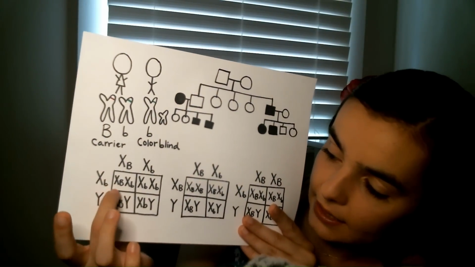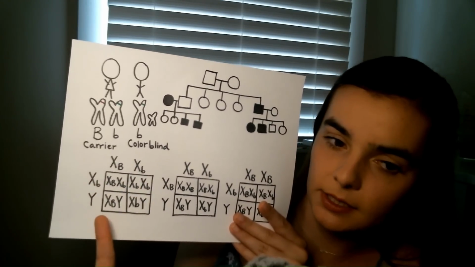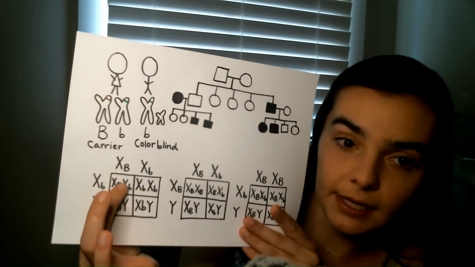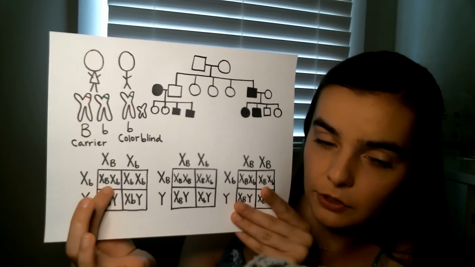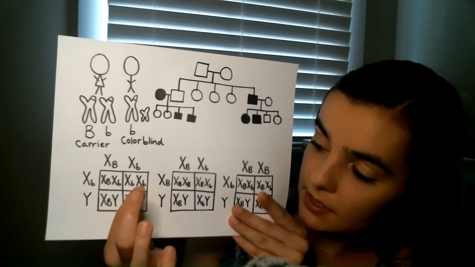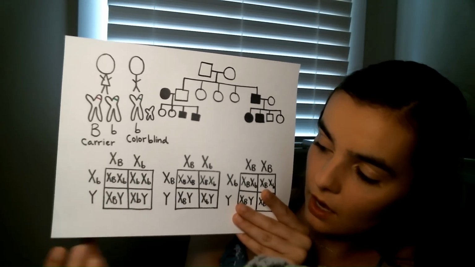And so here, these 2 would be females because they have 2 X's, and these 2 would be males. And this female is a carrier. She's a carrier for the trait, so she doesn't have color blindness, but she's a carrier. And then this female would have color blindness.